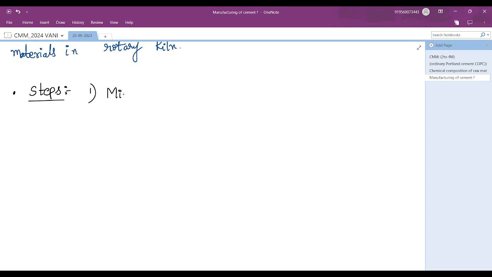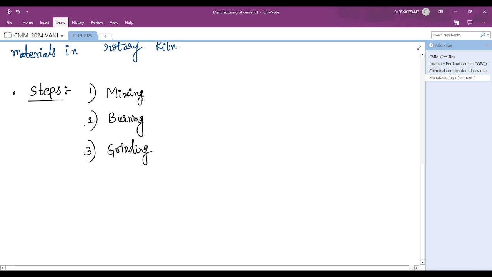It means the raw materials have to be proportioned and mixed properly to a desired level. Then we need to burn it. So burning, that is calcination, is burning or heating of the mixed raw materials, and finally grinding. After grinding, we get the required product, cement.